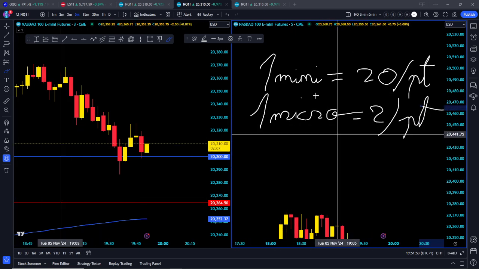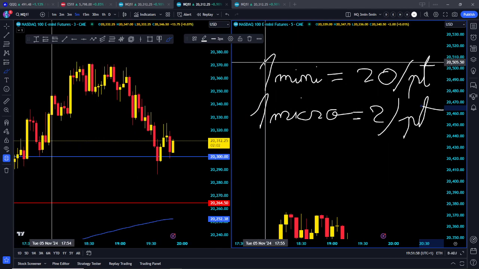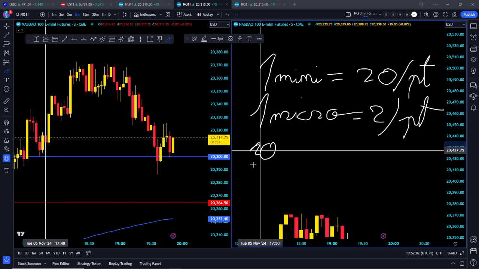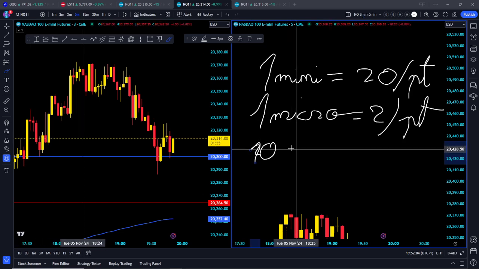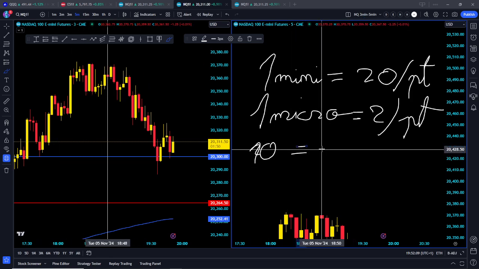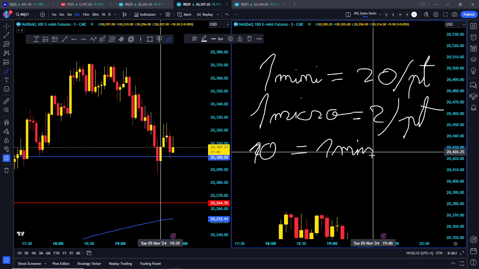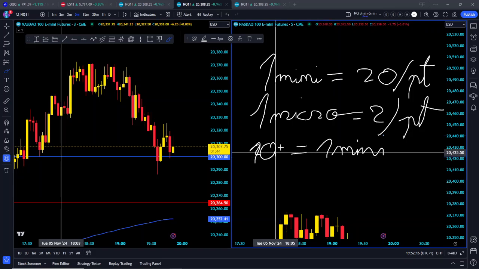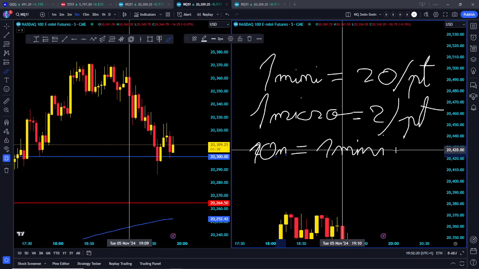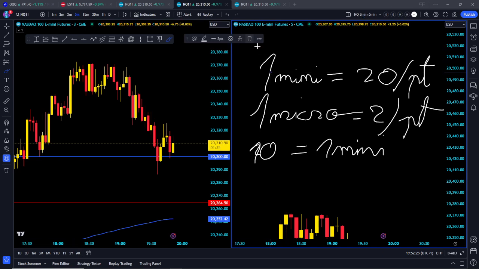So essentially a micro contract is a tenth of one standard contract. 10 micros equal a single mini. So 10 of these equal a single mini. I hope you understand it.